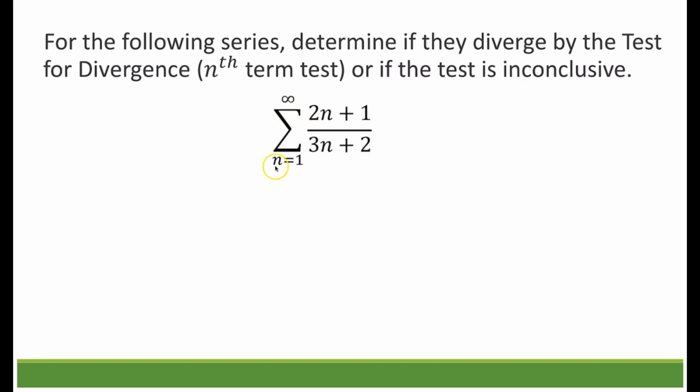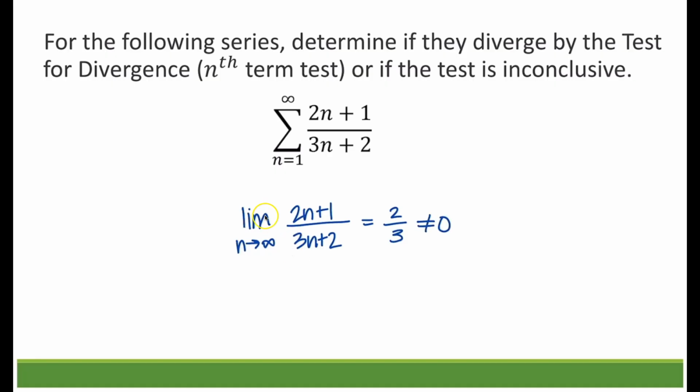In this example, we have the sum of n equals 1 to infinity of 2n plus 1 over 3n plus 2. So we take the limit as n approaches infinity of 2n plus 1 over 3n plus 2, and we can recognize that the numerator and denominator have the same degree. So towards infinity, we can say that the answer is just their coefficients, so 2/3. And 2/3 is not 0.